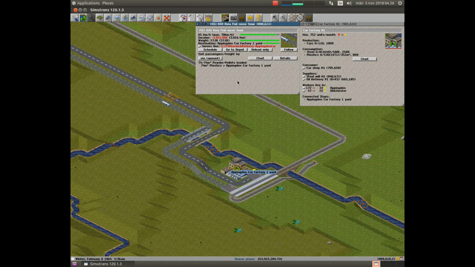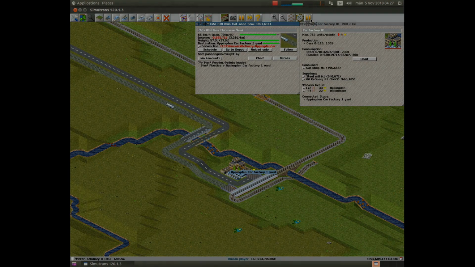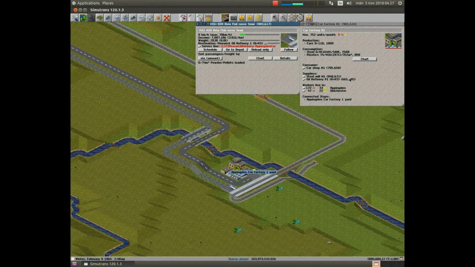So take a look now at what will happen when this truck enters the station and unloads its cargo. So I'll start the time now. There it has left its cargo. Now we have plastic inside the factory. But they don't consume the plastic, and they don't create any cars.